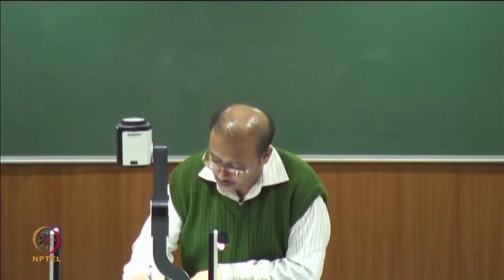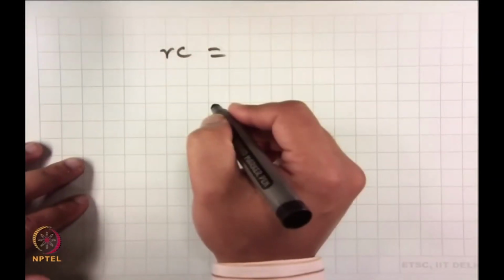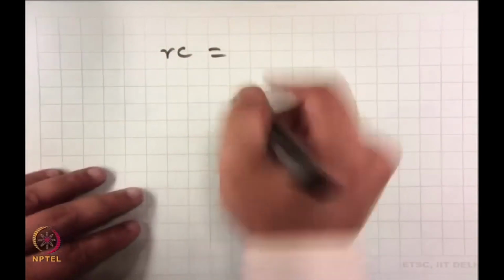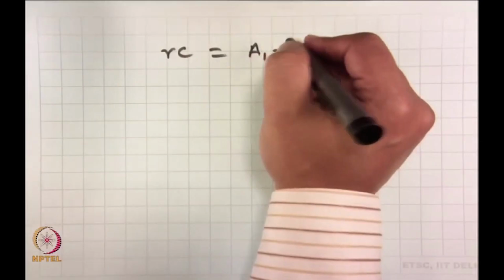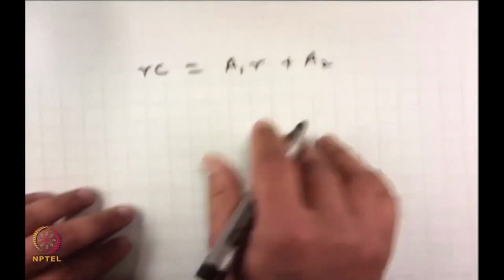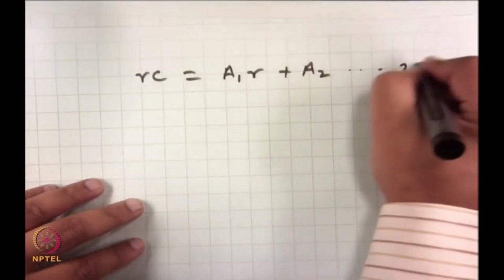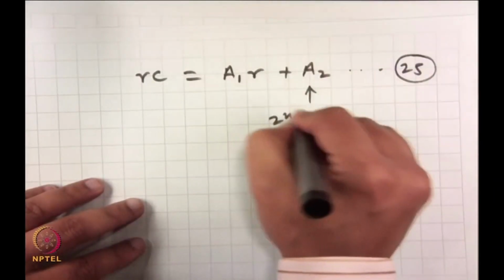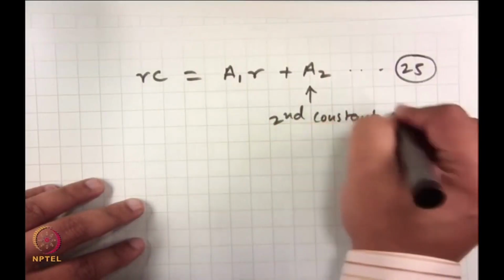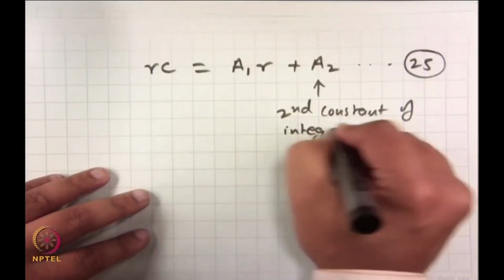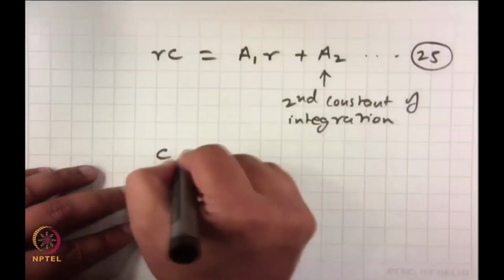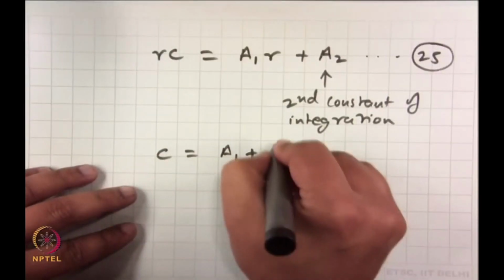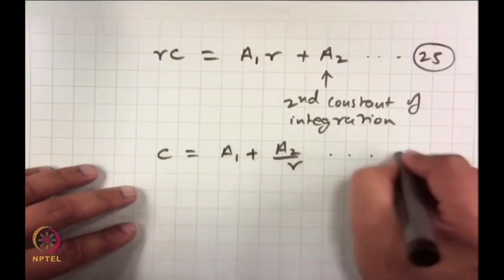So, you have r c is equal to a 1 r plus another constant, a 2. This is the second constant of integration. Or I can write c is equal to a 1 plus a 2 over r, this is equation 26.